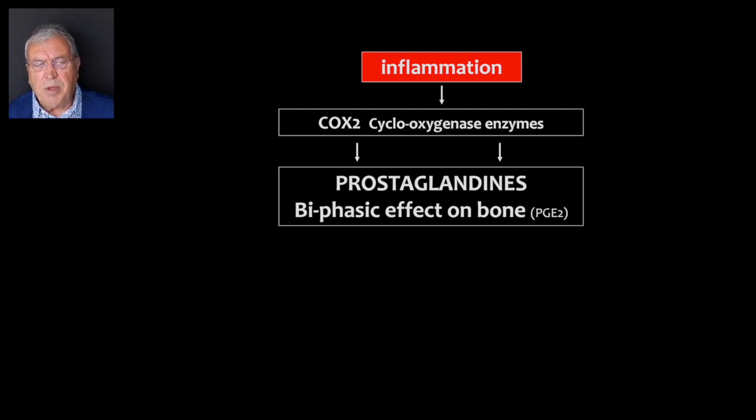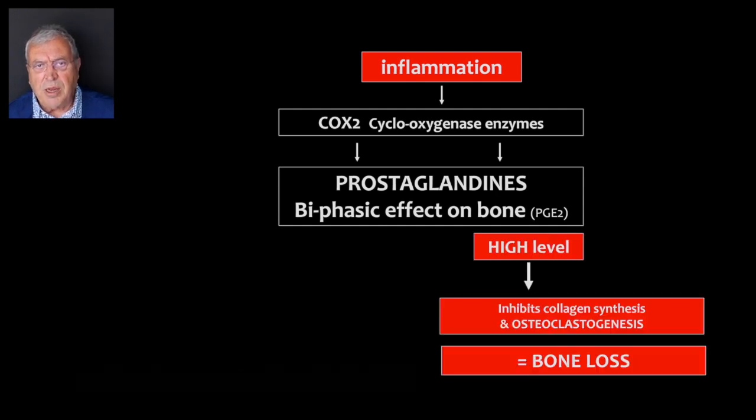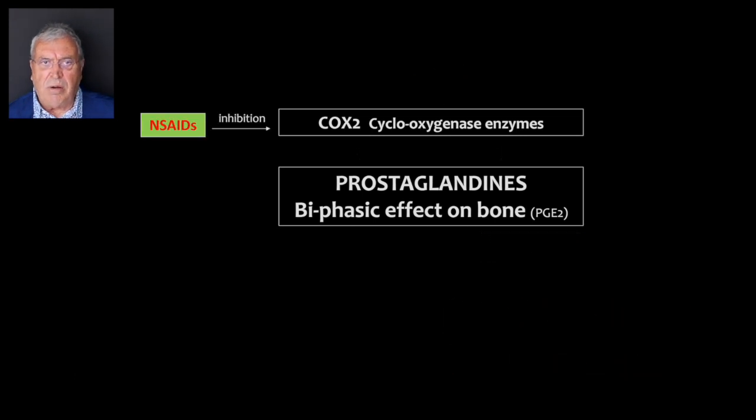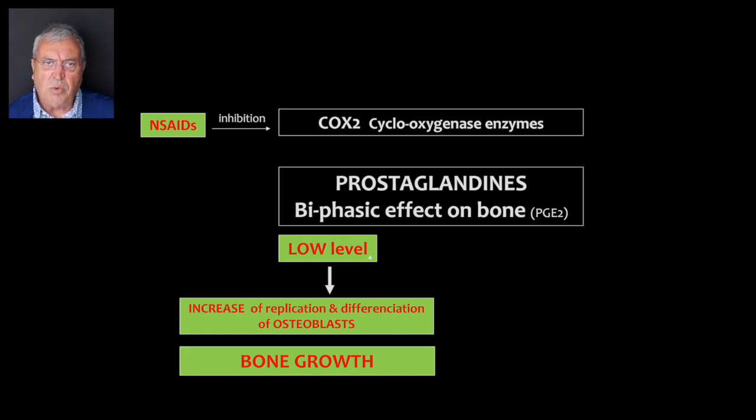When the prostaglandins are at a high level, they will induce bone loss. On the other hand, because there is a biphasic action, if the prostaglandins are at a low level with non-steroidal anti-inflammatory drugs, then we will get bone growth.